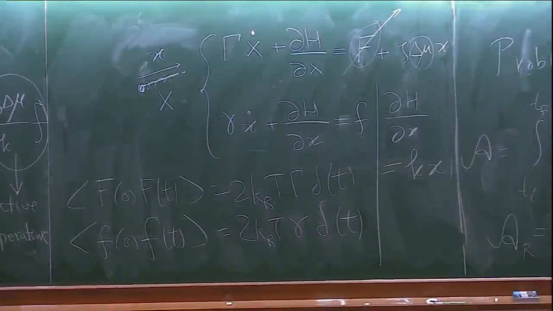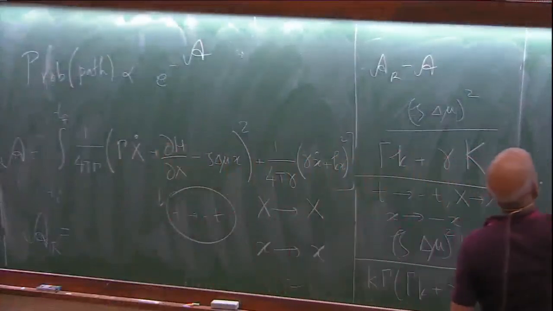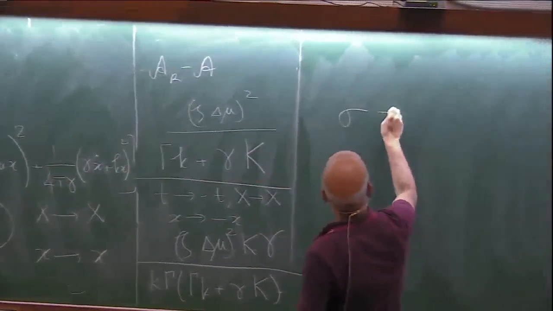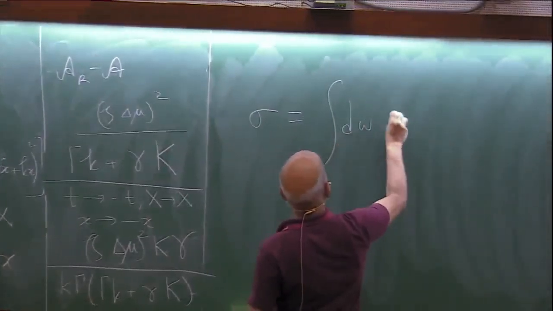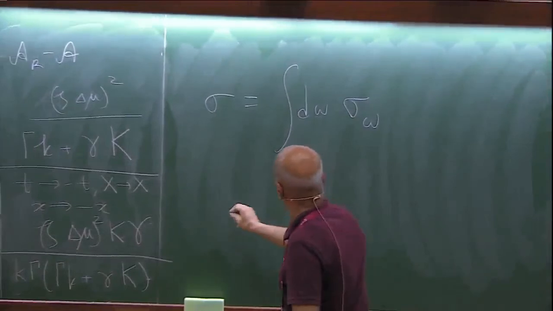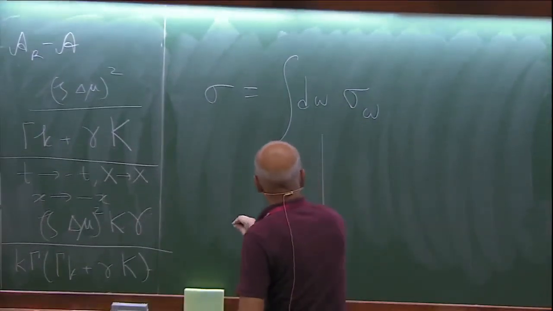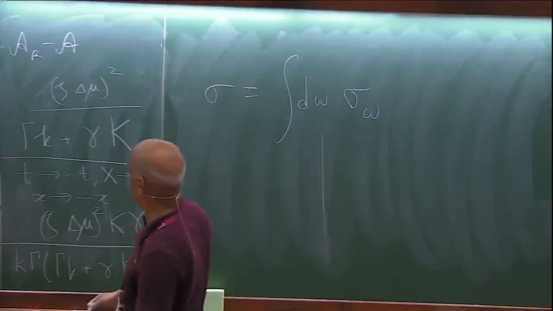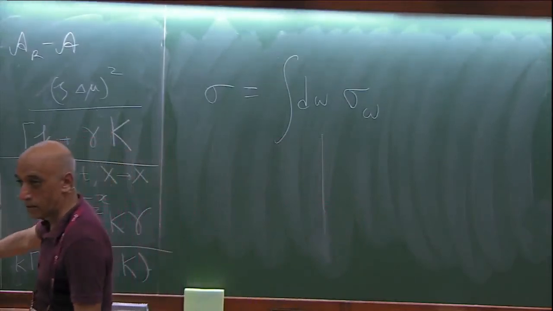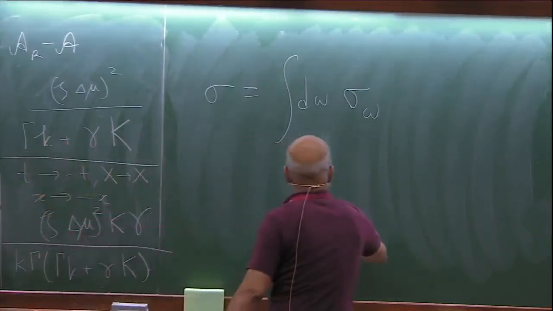The way to do it, it turns out, is to calculate a frequency-resolved version of the entropy production, something called sigma omega. Take the case where you don't reverse the x and construct the entropy production.